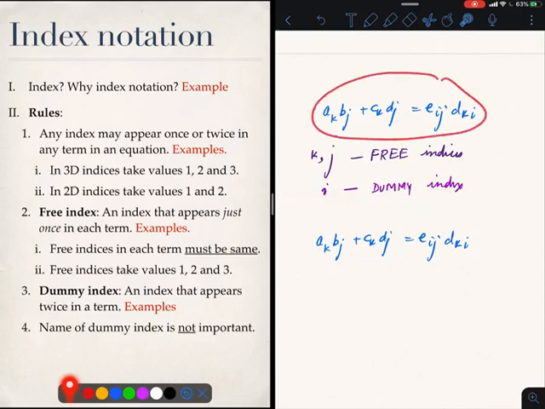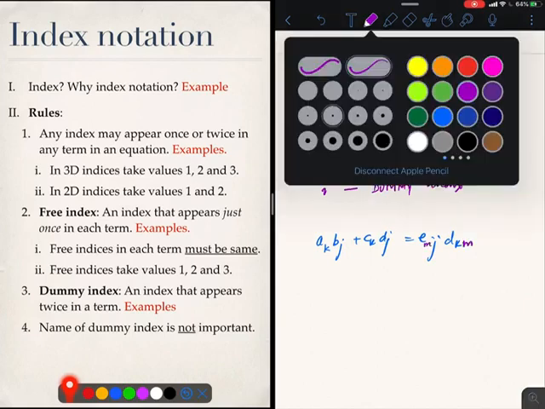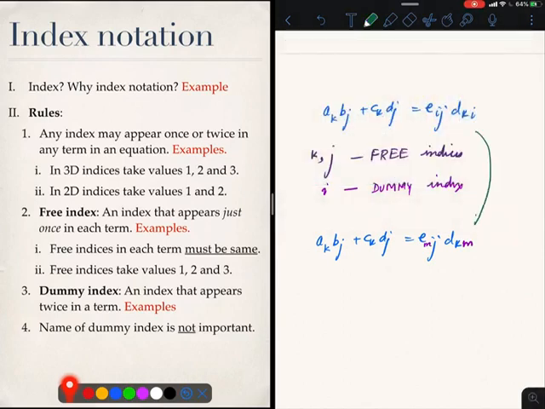These two equations are the same, but now I'm going to erase I from here and replace it with m, and these two equations are the same, because the only difference between them is that the dummy index is called I here and m here. What we are saying is the name of the dummy index is not important. So therefore these two equations are the same.